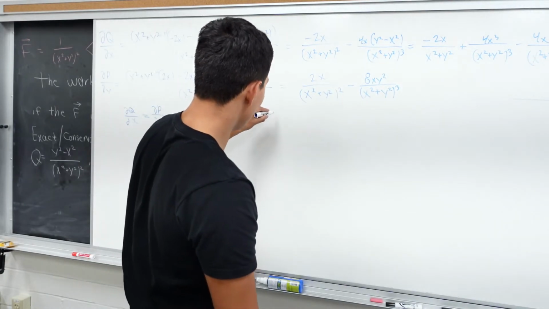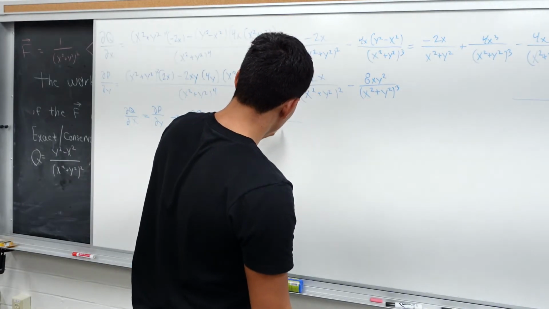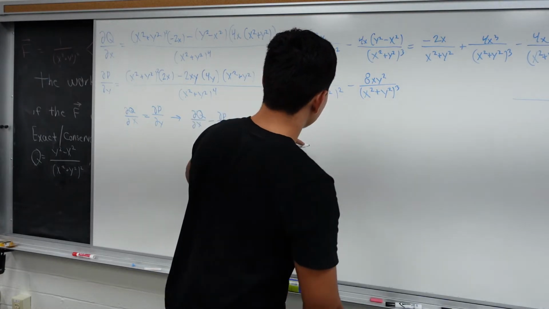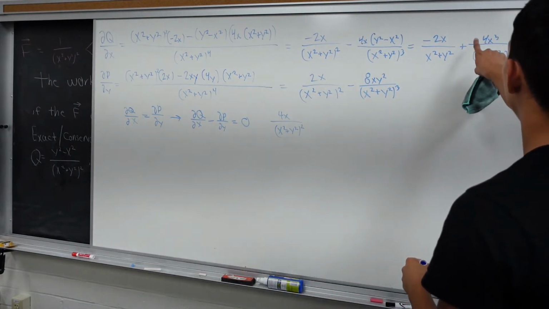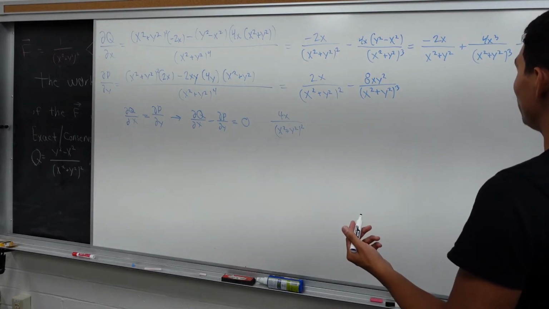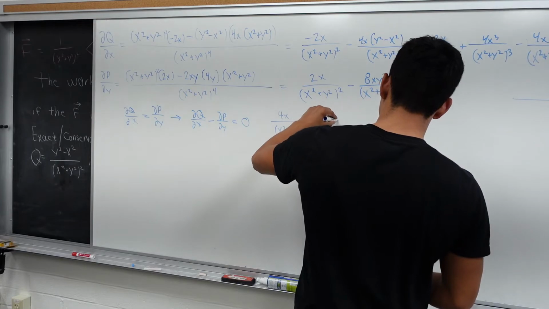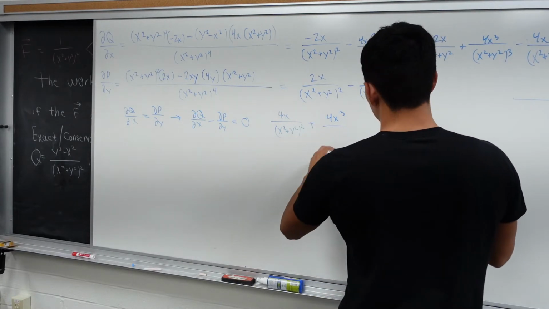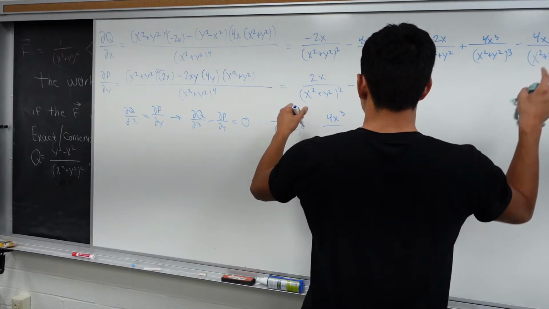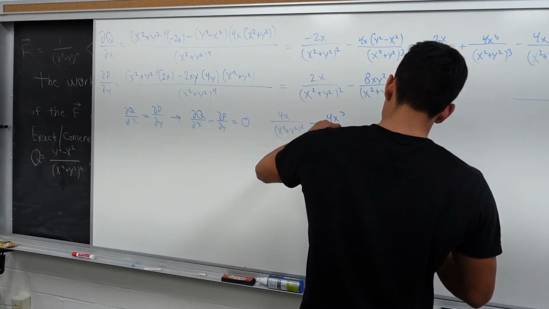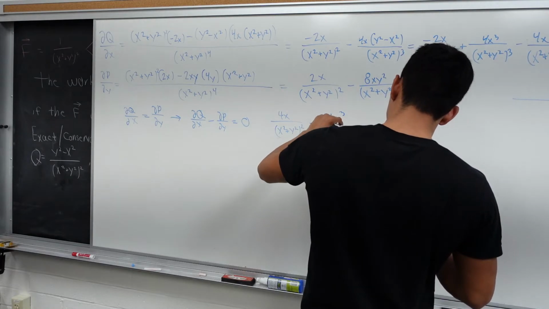So it's going to be what? 4x, x squared plus y squared, squared, and then plus 4x cubed, actually it'll be minus, so I'm going to put everything on this side, minus 4x cubed, x squared plus y squared cubed.